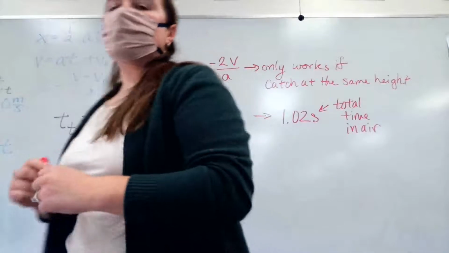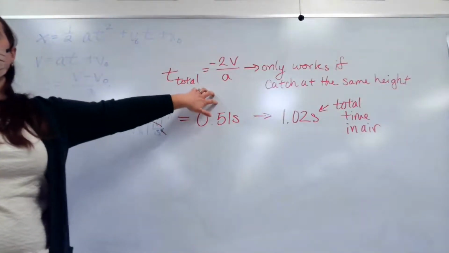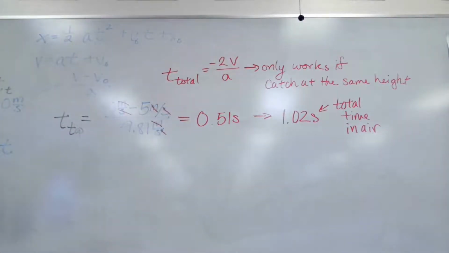All right, the other way we can think about this, and fun fact, we're going to get this exact same equation out of it. Okay? The other way we can think about it is we can go back to the fact that this problem is symmetric. Okay? It starts at 5 meters per second, it goes up, it stops, it then has the same acceleration speeding it back up, right?